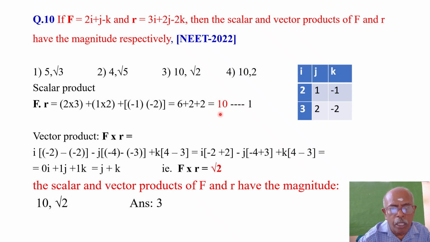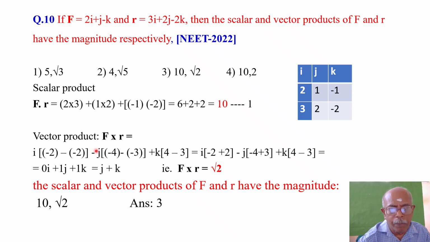So the magnitude of the scalar product of the two vectors F and r, that is F dot r, is equal to 10. So of the four options, you are closing the answer. Your answer will be from 3 or 4, not from 1 and 2. Okay, now let us find the vector product.